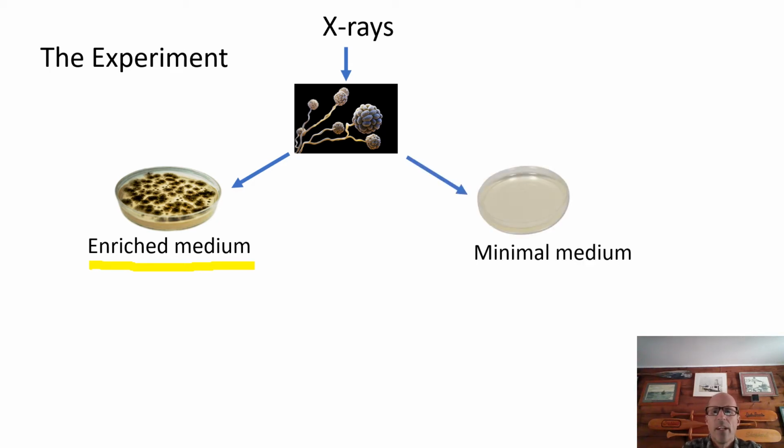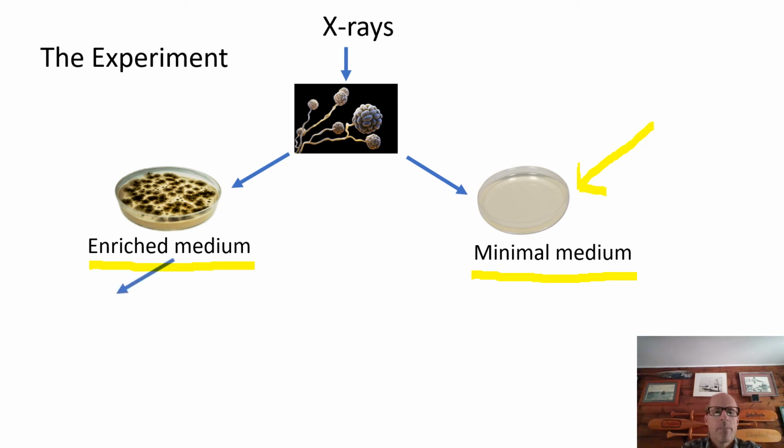Interestingly enough, when they put the bread mold on minimal medium, which means there were no metabolites or enzymes there, the bread mold was not able to grow. And normally bread mold would grow with minimal medium. So this gave those 2 scientists the idea that something from the X-ray had changed the DNA.